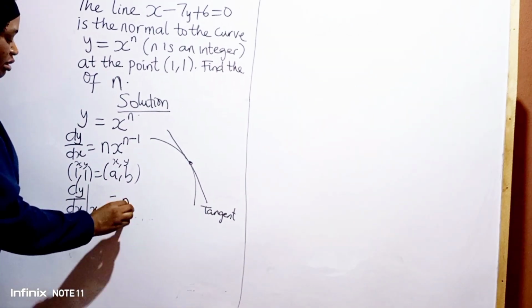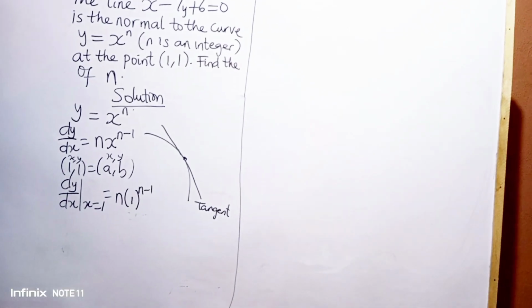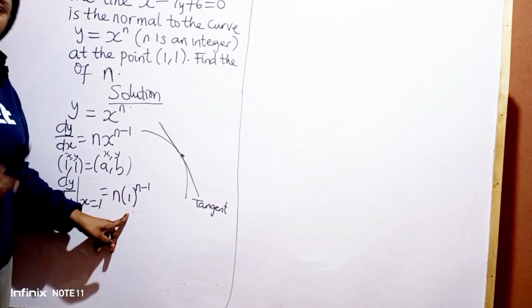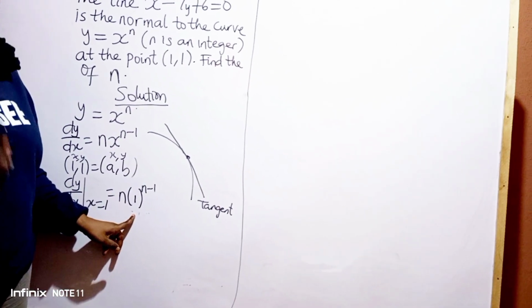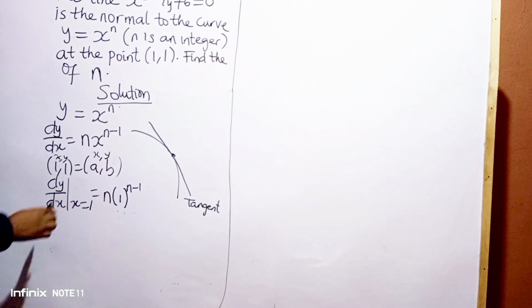So n multiplied by 1 raised to power n minus 1. One thing I would like you to note is that if you raise 1 to any number, the answer is going to be 1.